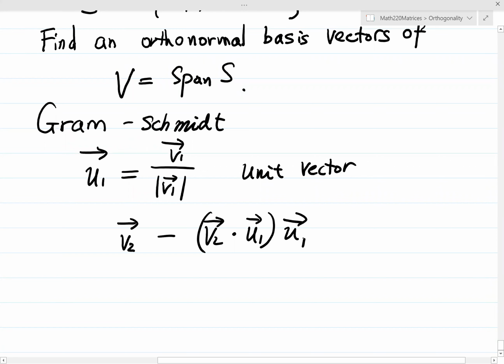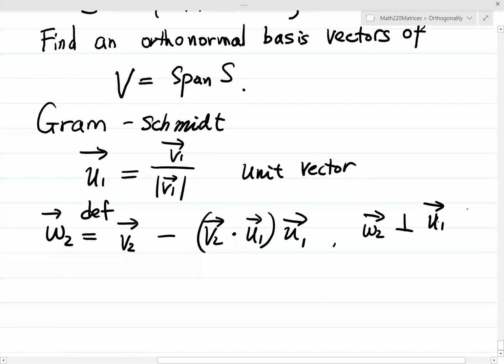Now this vector we define as W2. We already know W2 is perpendicular to V1 or U1. Now we need to make sure that W2 is a unit vector, so we renormalize it.